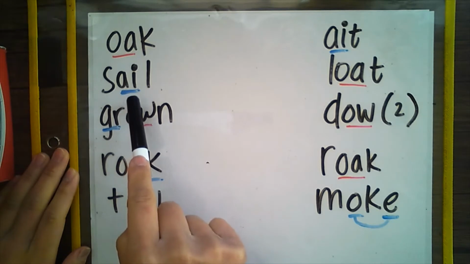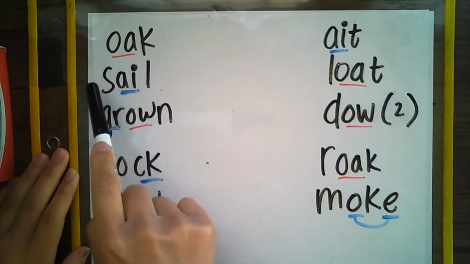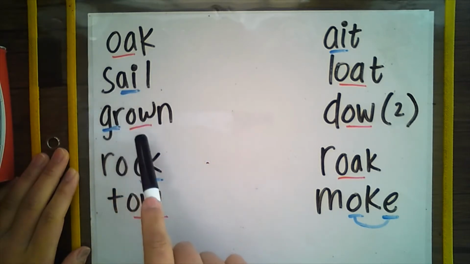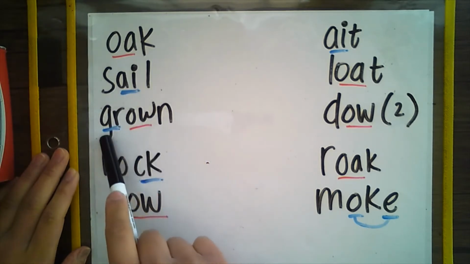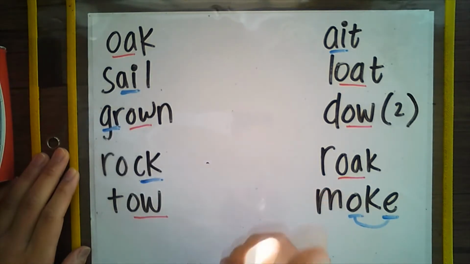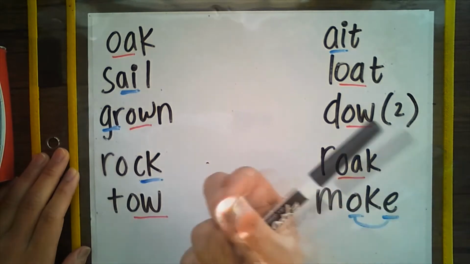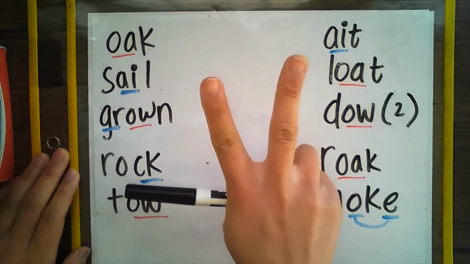Underline sound, A. Think, read, sail. First underline sound, gr. Second underline sound, O. So it's going to be the first sound, O, because remember when we see O-W, it can be O or ow.